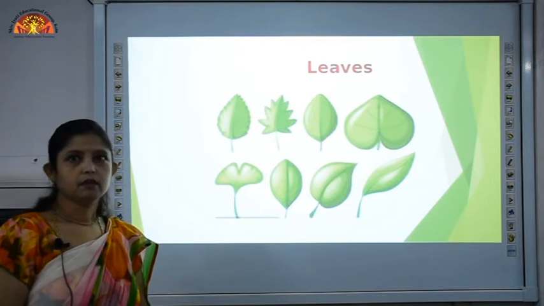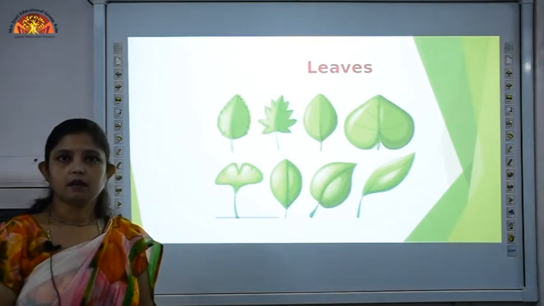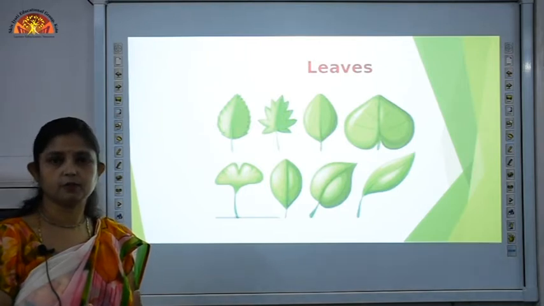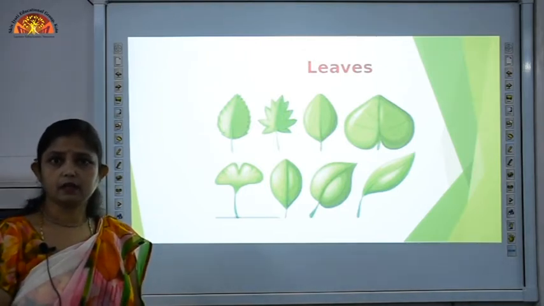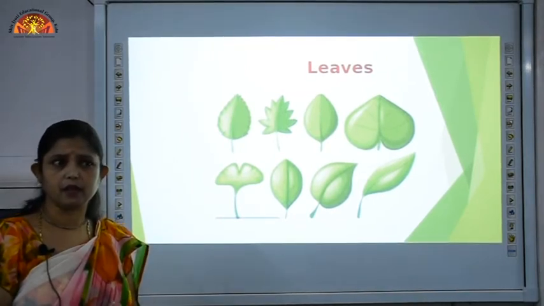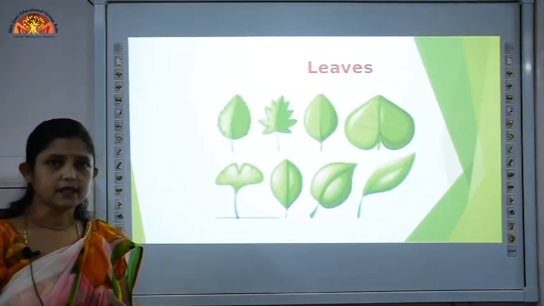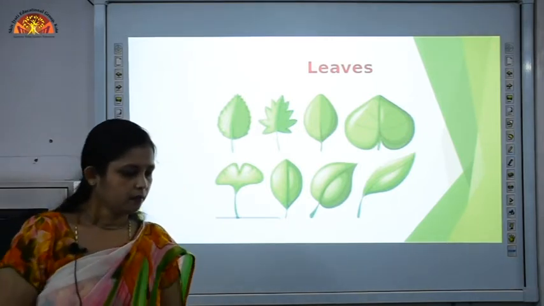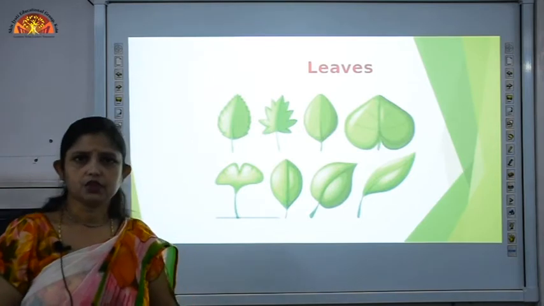So children, we are surrounded by a variety of plants, and different plants have different types of leaves, and we can identify the plants with the help of their leaves. I can show you some leaves of some plants like this. These leaves occur in different shapes and sizes.